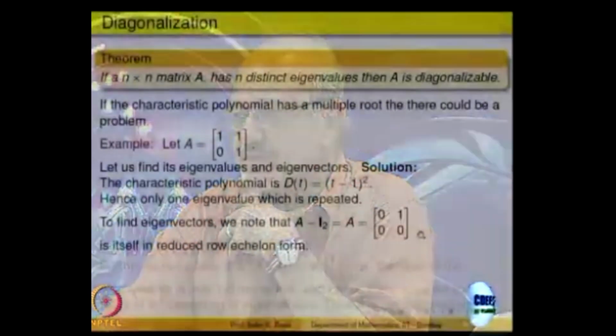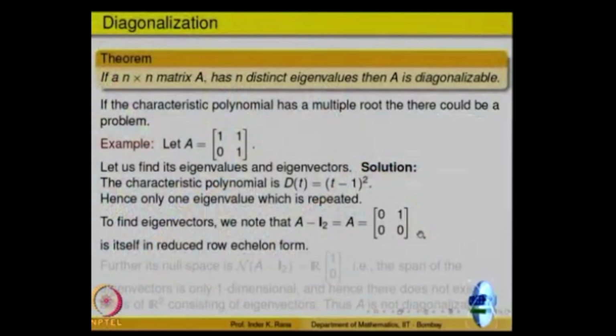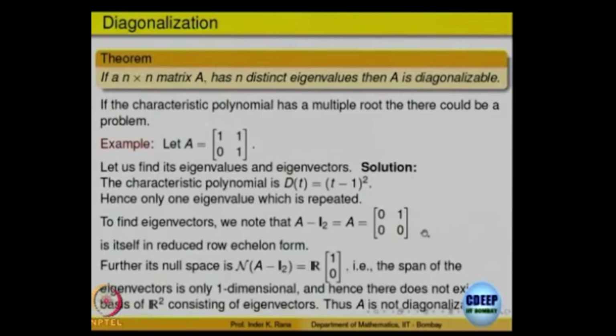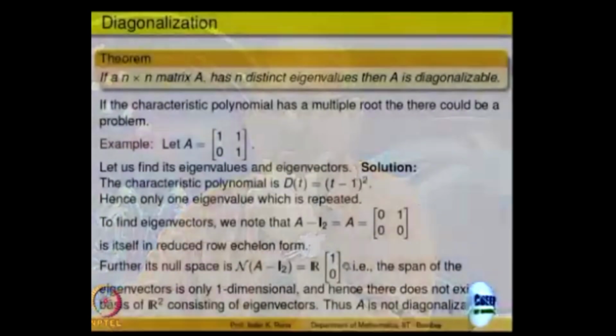So how do you find that? This applied to (x1, x2) is equal to 0. So what does it mean? You can give x2 any value, say 1. What is x1? You can give it 0. So you get (1, 0) as a solution for this space.